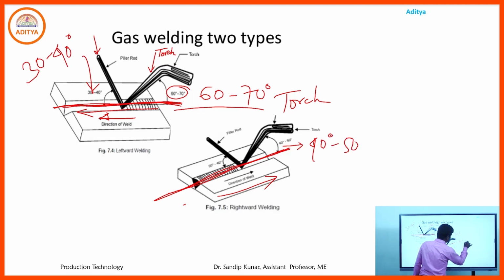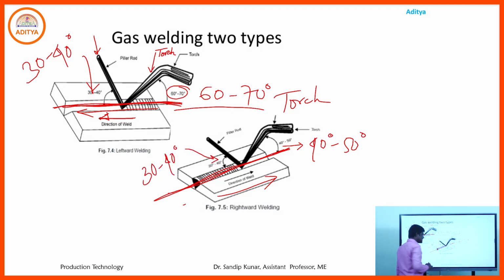And here the filler rod creates an angle near about 30 to 40 degree. That is the rightward welding.